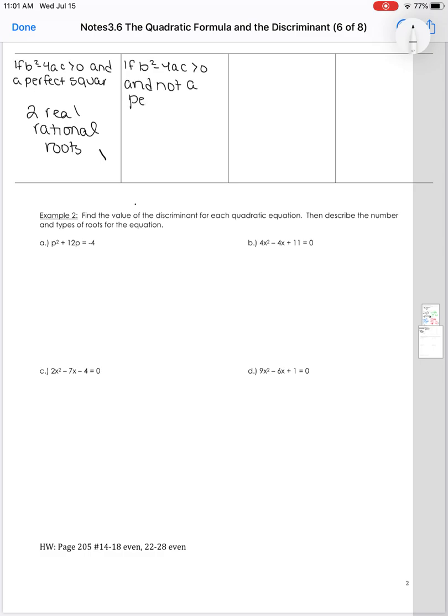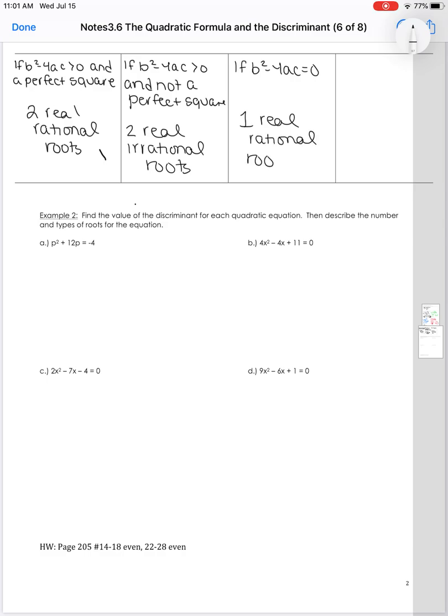If your discriminant, b squared minus 4ac, is greater than 0 and not a perfect square, then you're going to have 2 real irrational roots. If b squared minus 4ac, so your discriminant, equals 0, then you're going to have 1 real rational root.